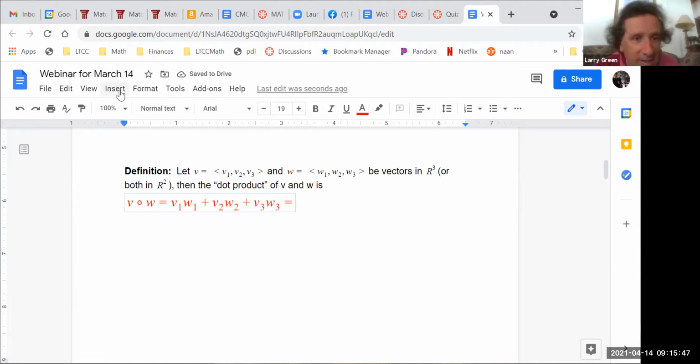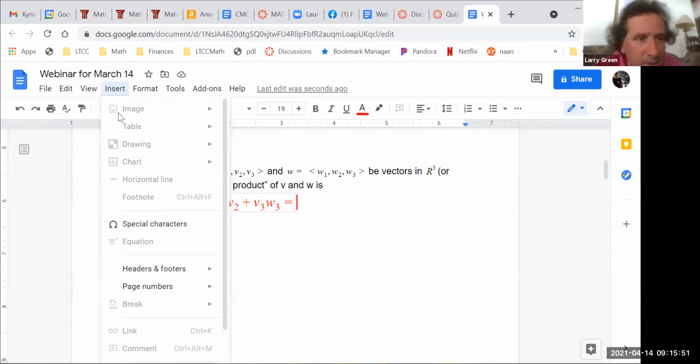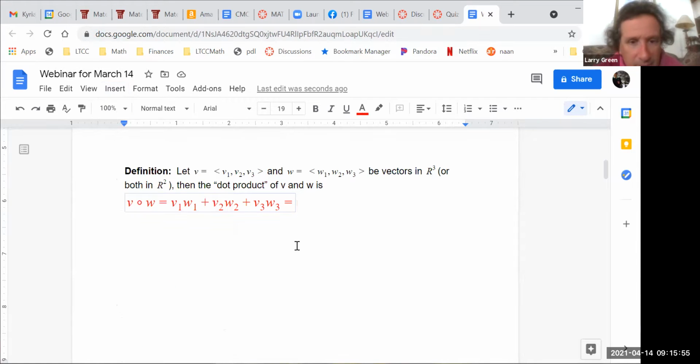Not showing my equation editor stuff. Let's try it this way.